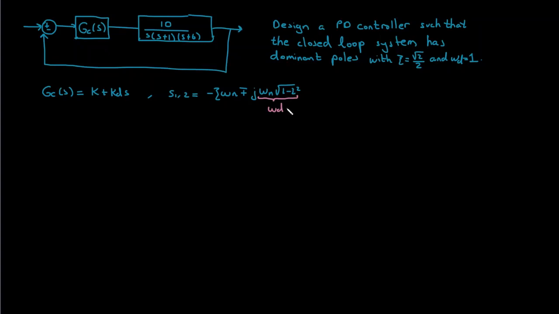So that root is simply equal to minus 1 plus minus j. So those should be the closed-loop pole locations when we add our controller and specify the k and kd values.